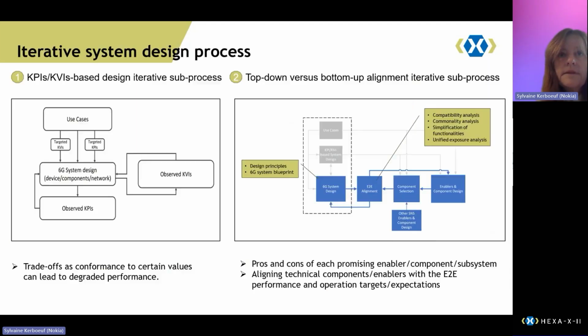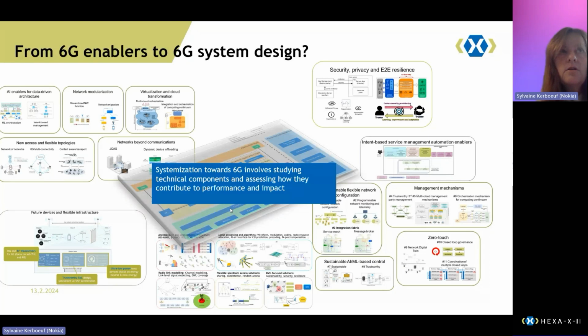But now, let's start to think about how we could move from a set of 6G enablers toward a 6G system design, looking at how we can select and map onto this blueprint all the enablers that are developed around 6G technology. Then we have to study how all those components can be systemized and integrated inside this end-to-end system. It also means that we have to assess how they contribute to this system related to performance and how they can impact and relate to each other.